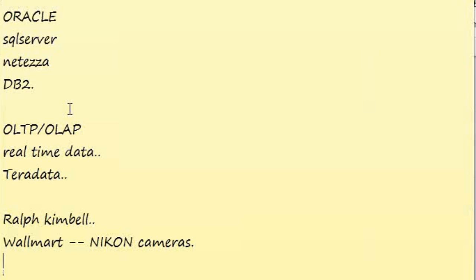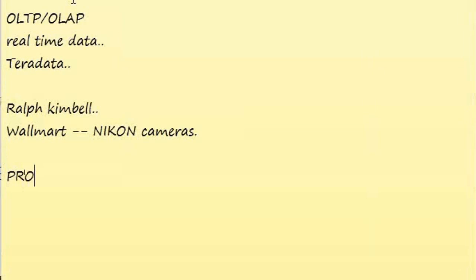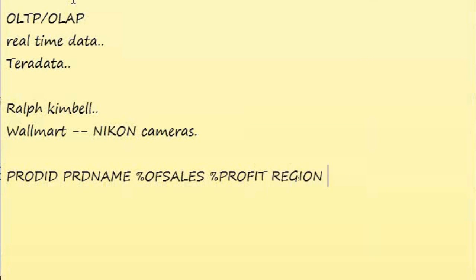For example, for the last 5 years I want to see the data: product ID, product name, percentage of sales, percentage of profit, region, number of years, some kind of data. I want to see the aggregation data of this.